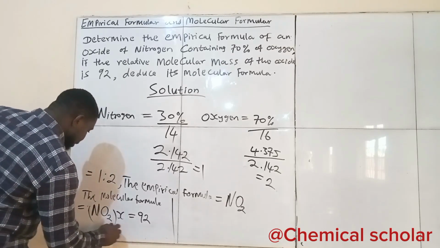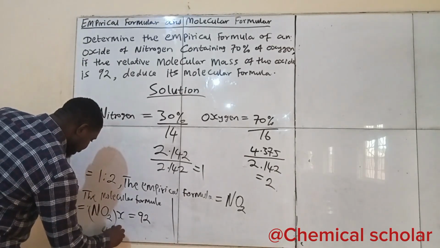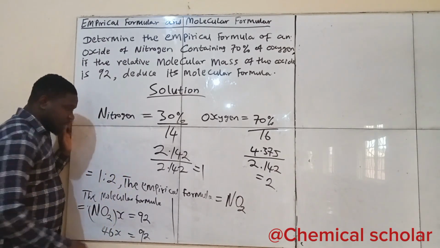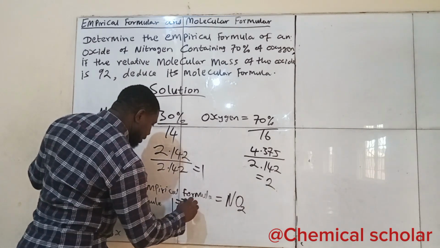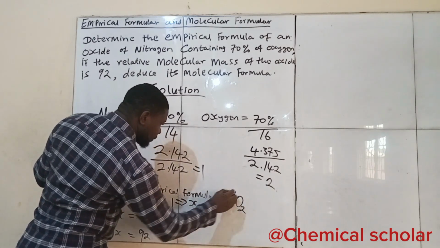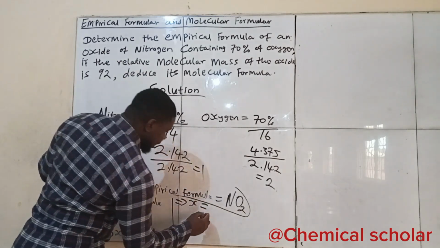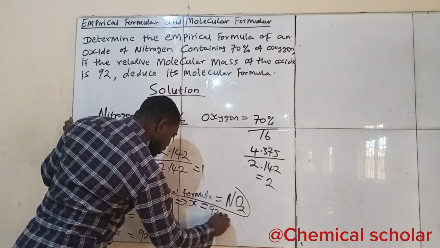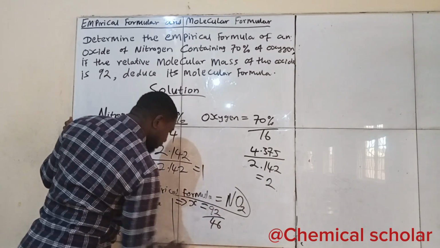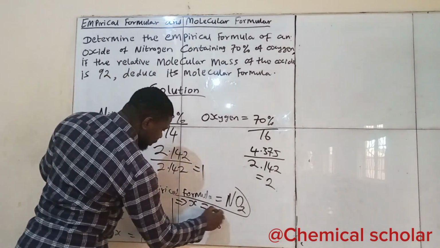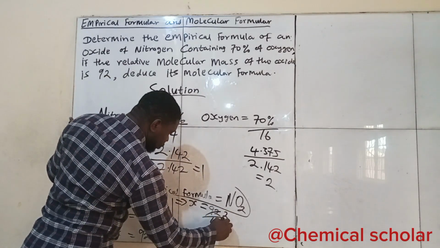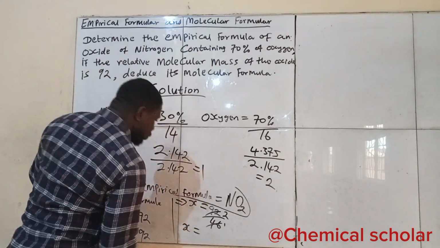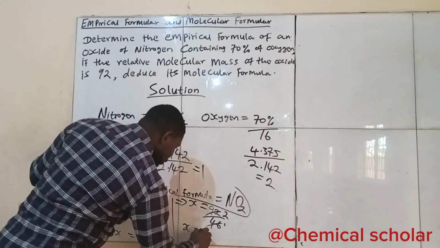So we now have that 46x is equal to 92, which implies that x is equal to 92 over 46. 46 divided into 92 gives 2. So x will now be equal to 2.